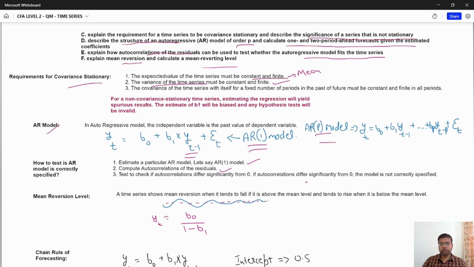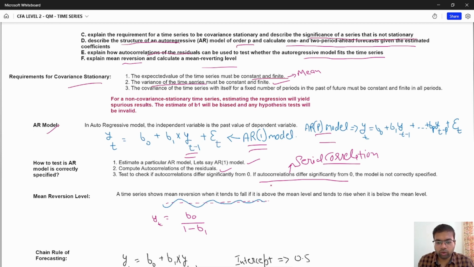If autocorrelations differ significantly from 0, the model is not correctly specified. This error, the autocorrelations differing significantly from 0, is called the serial correlation of the AR model. That is, the error terms are depending upon one another.